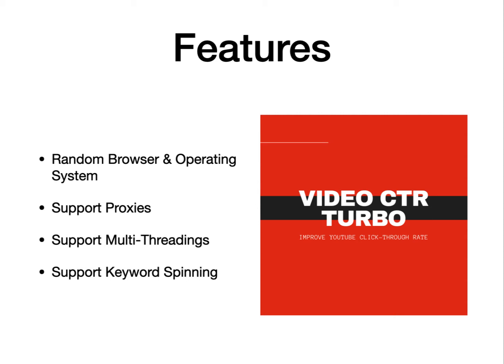And if you have more than one keyword you want to improve the CTR and ranking for, this bot also supports the spin format for the keyword list. Every time, the bot will randomly pick one from your keyword list, go to search, and then click your video.